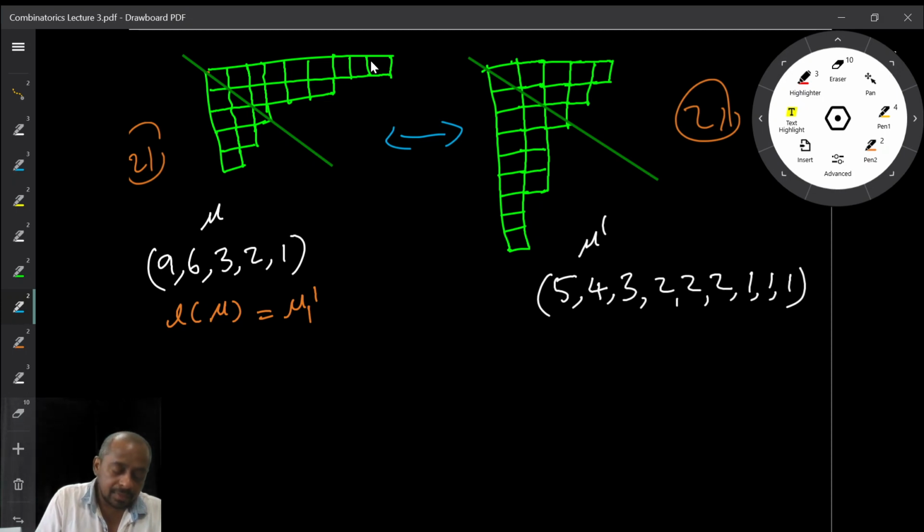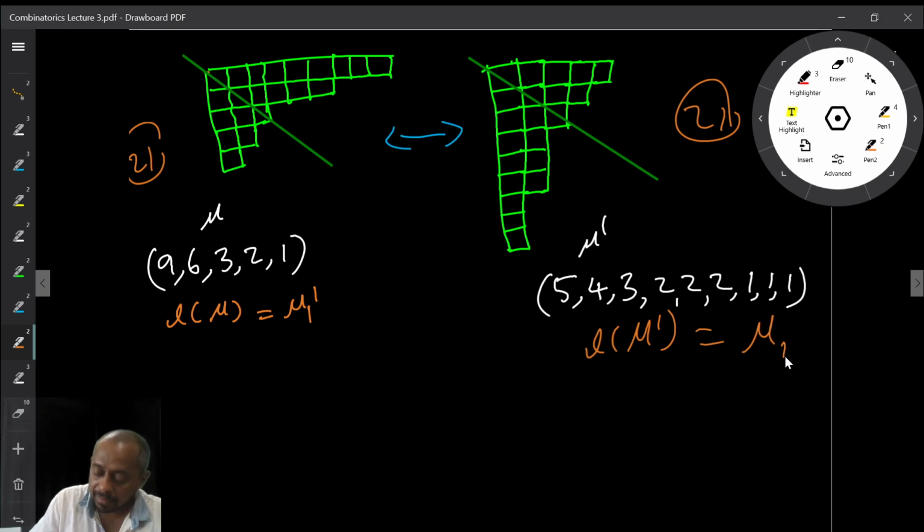So what we have observed is that the length of mu is the first element of mu dash, where mu dash is the first partition, and similarly the length of mu dash is equal to the first part of mu, mu1, which is 9.